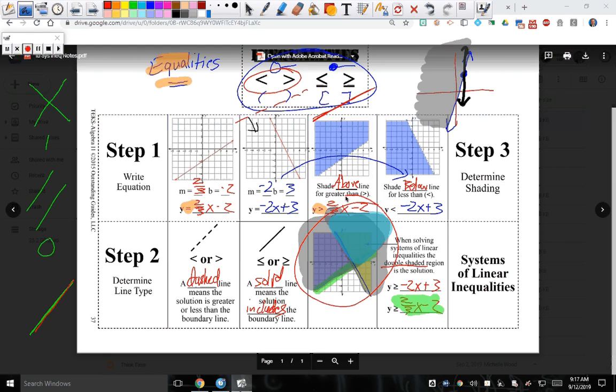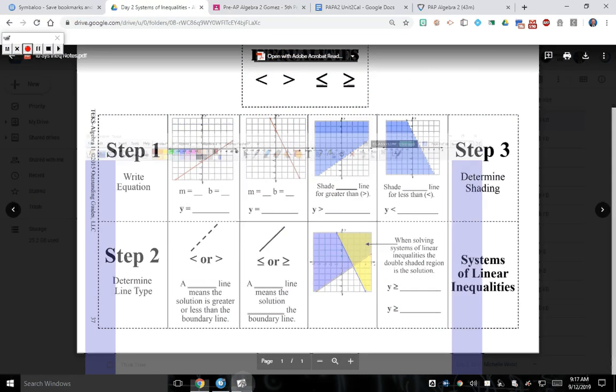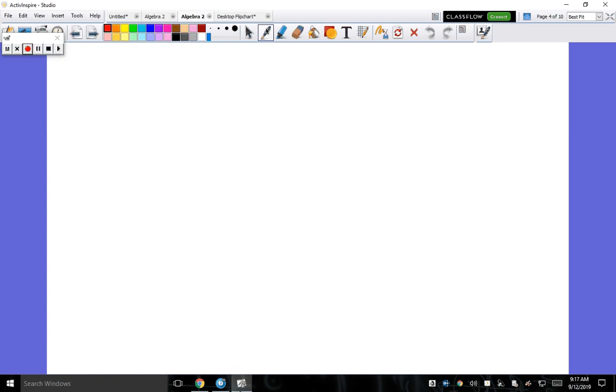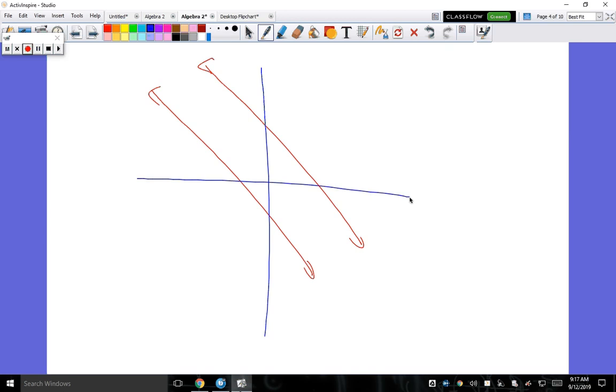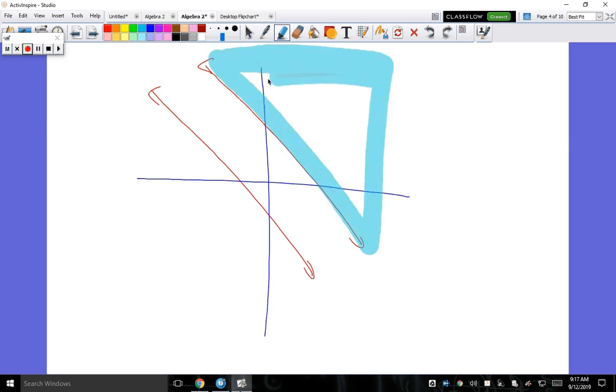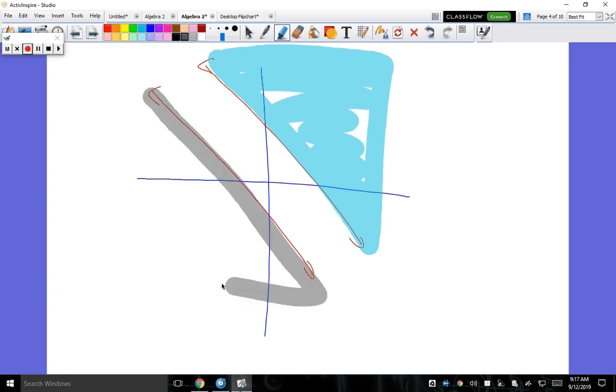But what if they were parallel and it went this way and this way? Ooh. Nicely done. So look at this. What if I have equations that look like this? But then on this top one, I had this. And on the bottom one, I had that.